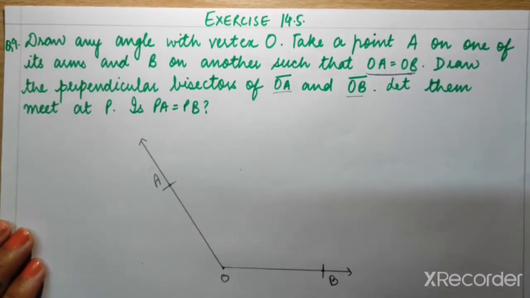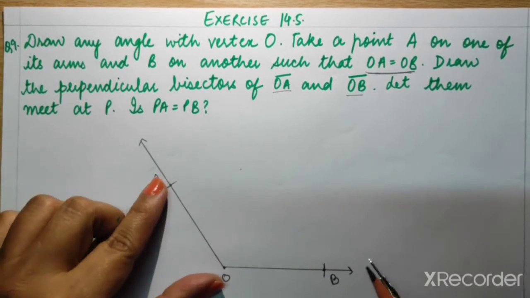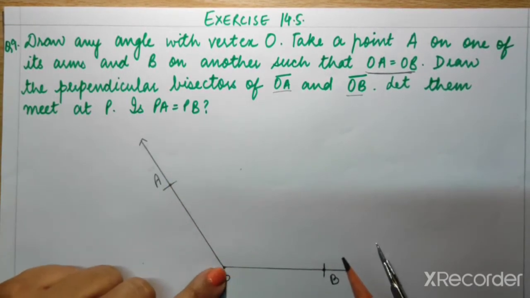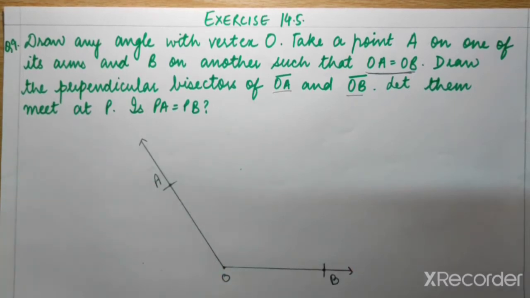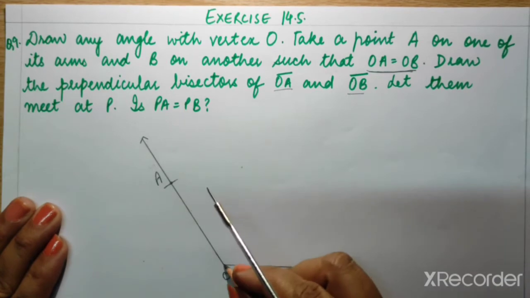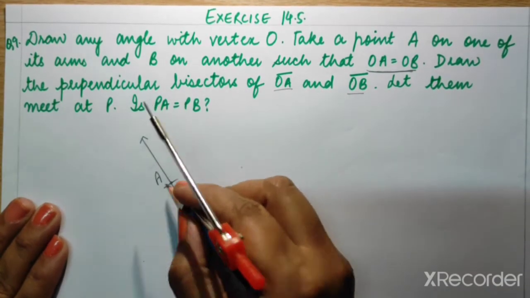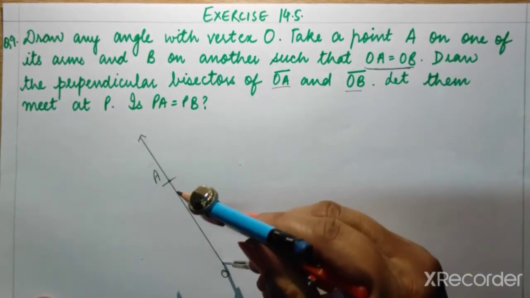Let's draw first the perpendicular bisector of OA. This is the line segment OA from O to A. The two points from which you are going to draw the arcs are point O and point A. We have to open our compass more than half of OA.